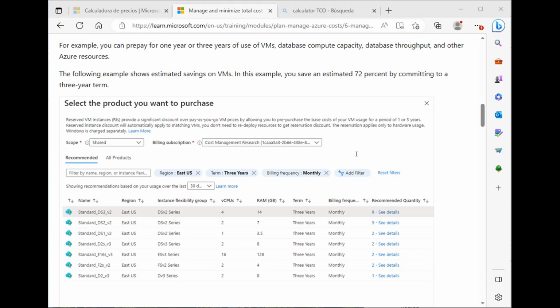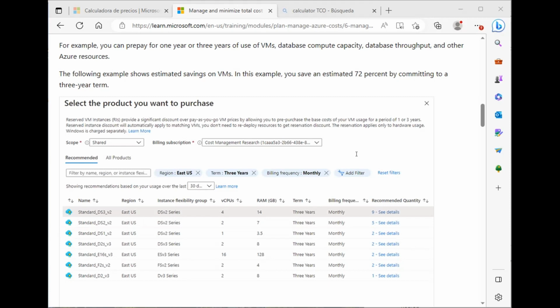Reserved instance discounts will automatically apply to matching virtual machines. You don't need to redeploy resources to get the reservation discount. The reservation applies only to hardware usage. Windows is charged separately.